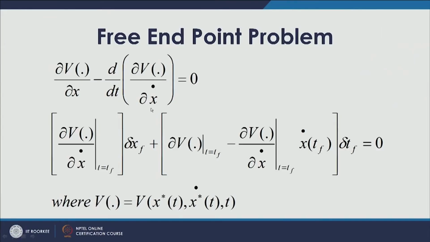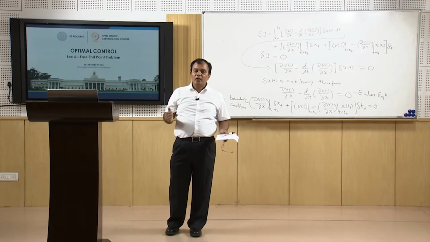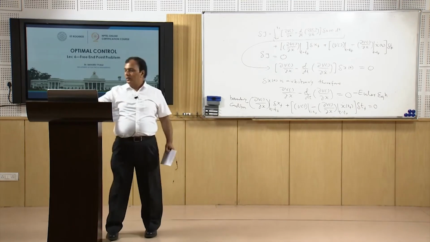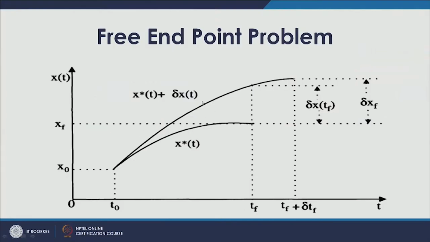Now, the free endpoint problem can appear in different manners. So, next we will see what the different cases may be. In this case, x t f is free, so it can terminate at some other point, and simultaneously the t f is free. If you can recall, in the first case we have taken the fixed endpoint problem.